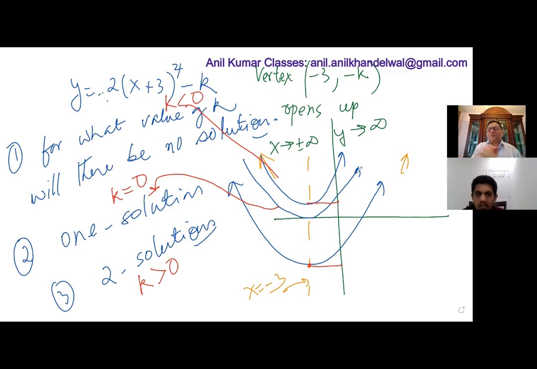And it will open up without crossing the x-axis. So if k is less than 0, it would have no solutions, right? Yes, no solution because the vertex is above the x-axis and the graph goes above that, right? It has absolute minimum at this vertex, correct? So we know this vertex is absolute minimum here.